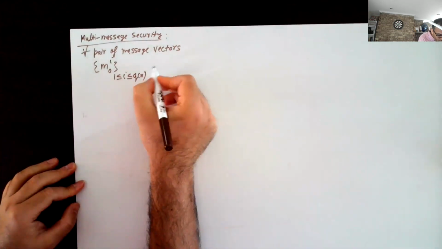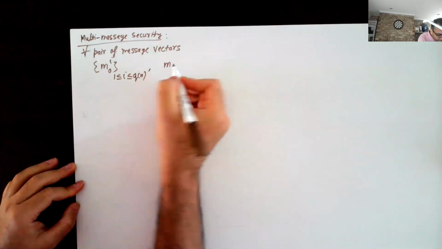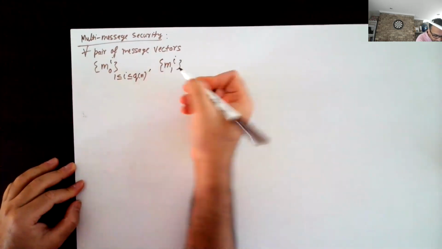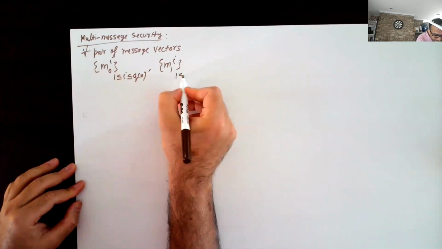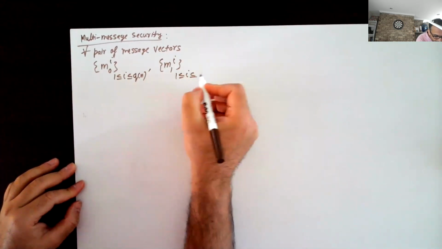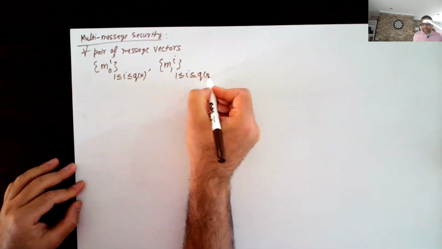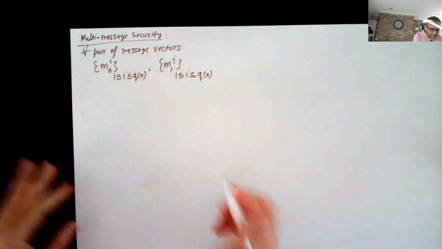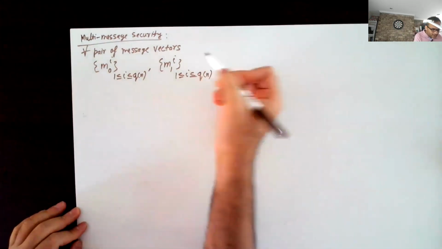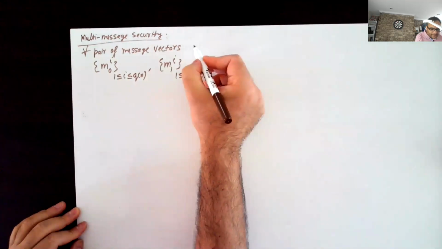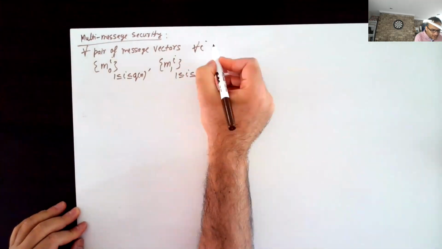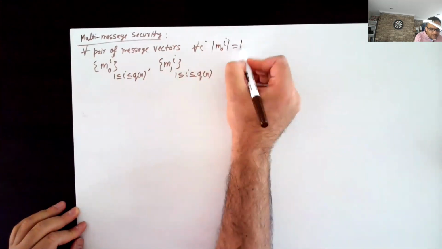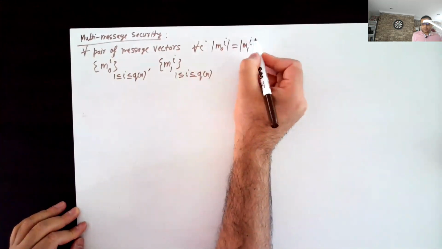And then you can choose a completely different set of messages. By the way, the length of the messages should be the same. So for all i, the length of M0i must be the same as the length of M1i.